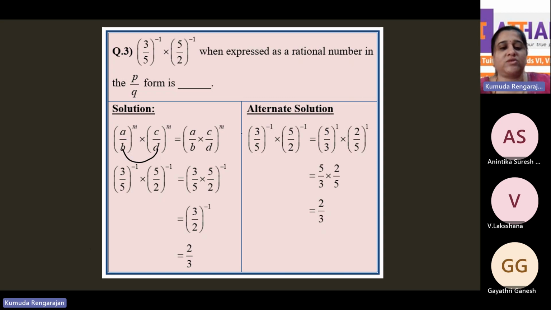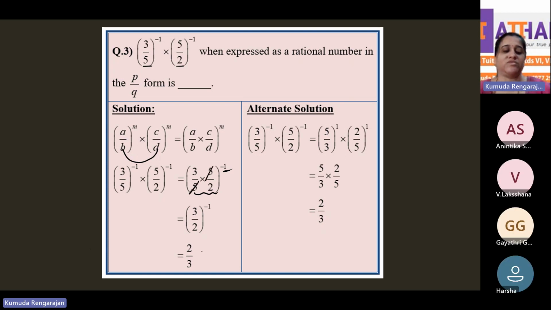Multiply the bases and raise it to the same power m. So multiply the bases 3 by 5 into 5 by 2 and raise it to the same power minus 1. Then it cancels to 3 by 2 to the power minus 1, which is 2 by 3. Or you can also do it like this, without using this rule.